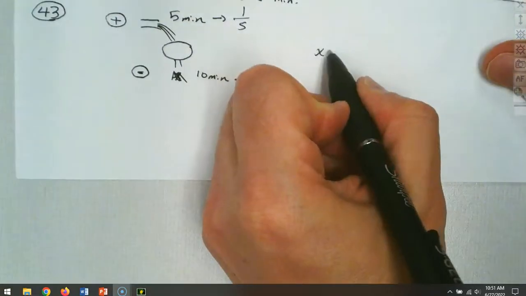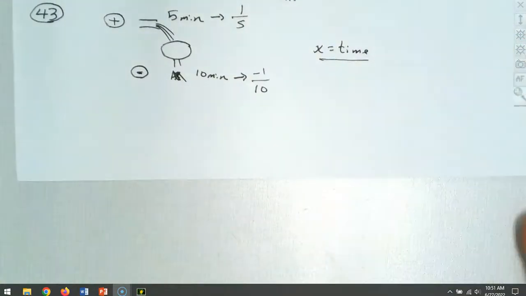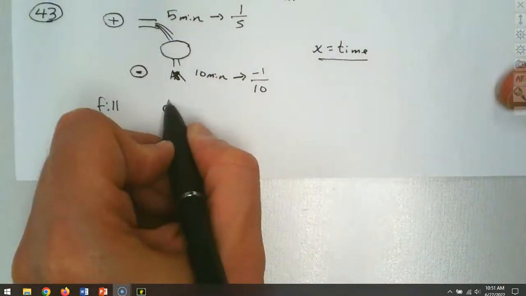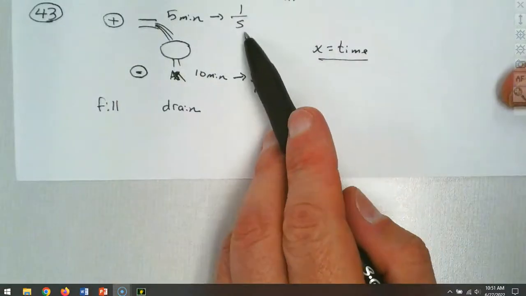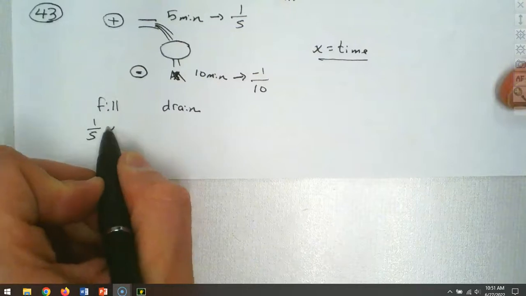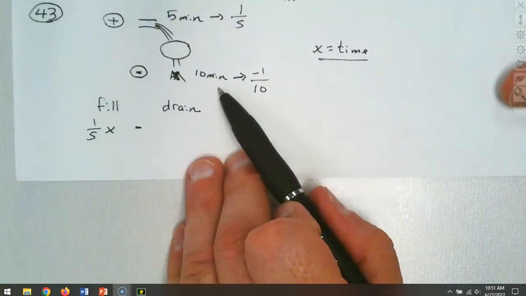Now again, X is going to represent the time it takes to fill up the sink. We're going to put them together. So we've got fill, and we've got the drain. How long does it take him to fill? In 1 minute, how much is done? 1/5. So that's 1/5 X. Then we've got 10 minutes here.